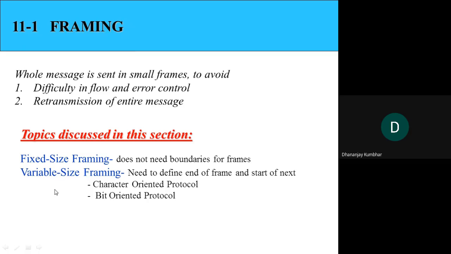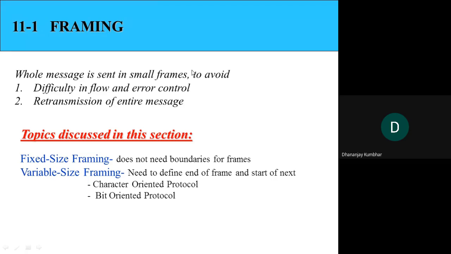We don't have to retransmit them again and again. Once they have been correctly transmitted, we keep them there itself, and only the frame in which the error is there, we transmit that frame only. That is the reason why the whole message is sent in small frames, to avoid difficulty in flow and error control. Because if your message length is very high, the flow also needs to be maintained, and error control also becomes a time-taking job. But with smaller frames, the job is done very quickly.